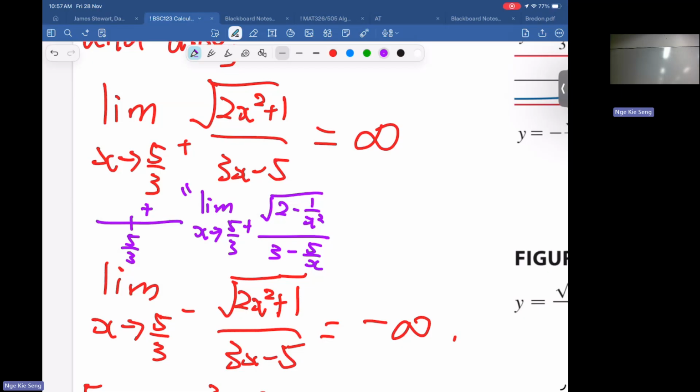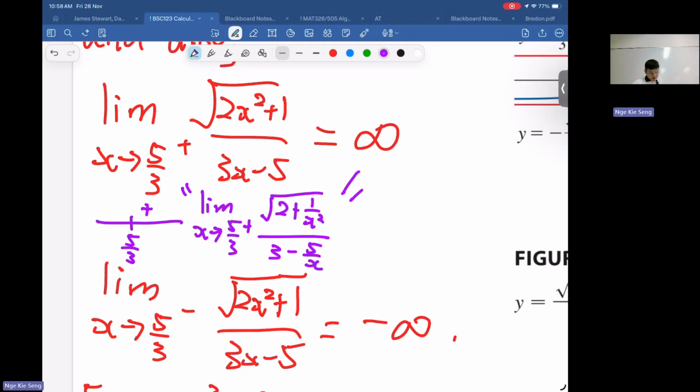The plus side is important. In this case, at the top you are approaching some number, but at the bottom you are approaching 0.